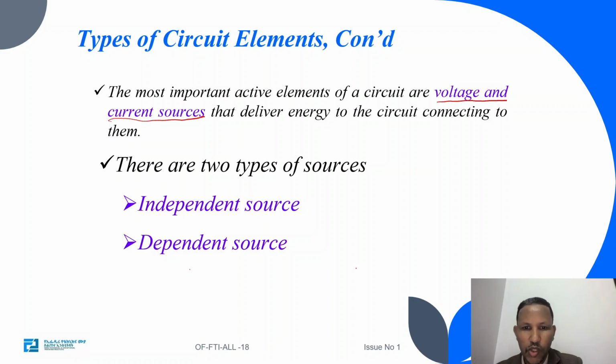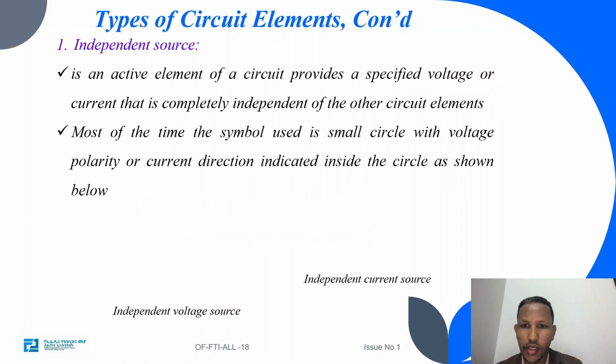There are two types of sources, basically the independent sources and the dependent sources. An independent source is an active element of a circuit that provides a specified voltage or current that is completely independent of the other circuit elements.